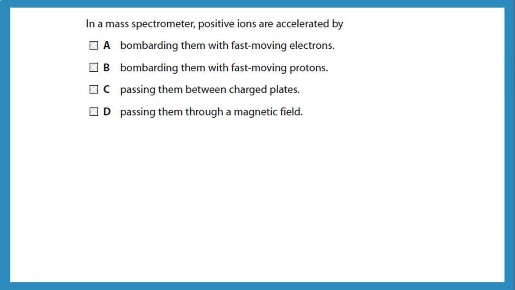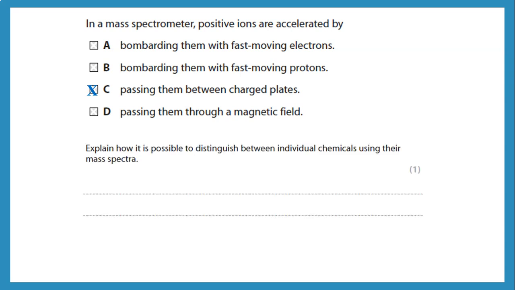In a mass spectrometer, positive ions are accelerated by what? Remember, we said they are accelerated by passing them between charged plates. Explain how it is possible to distinguish between individual chemicals using their mass spectra.